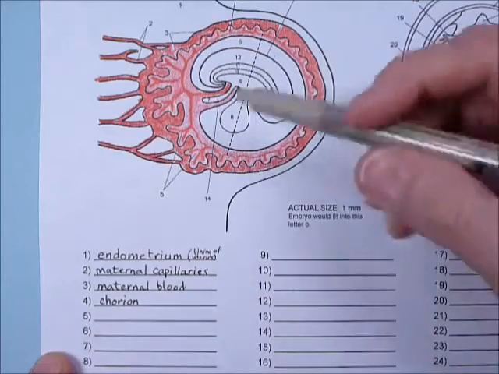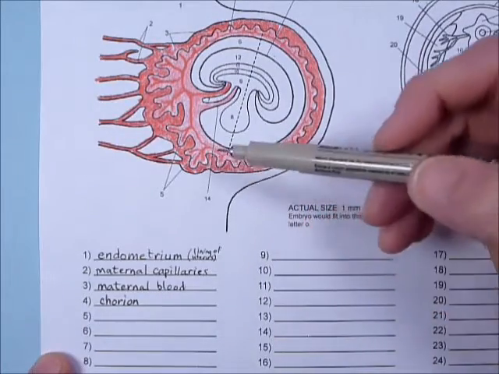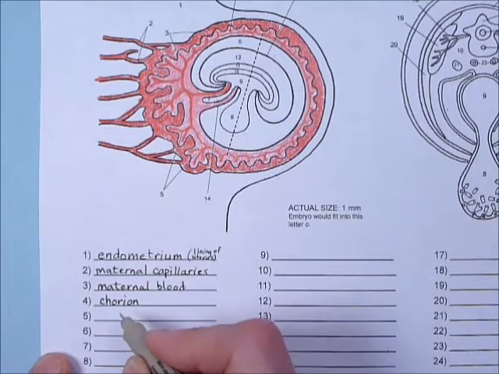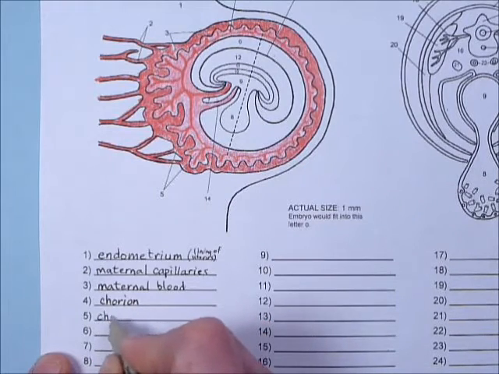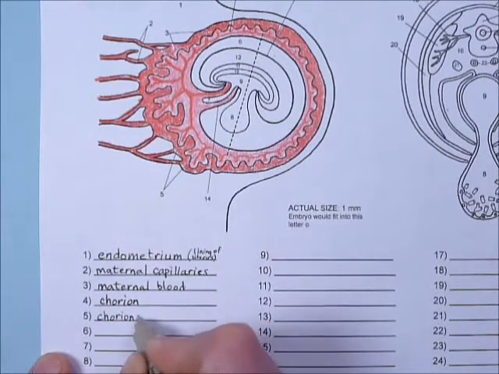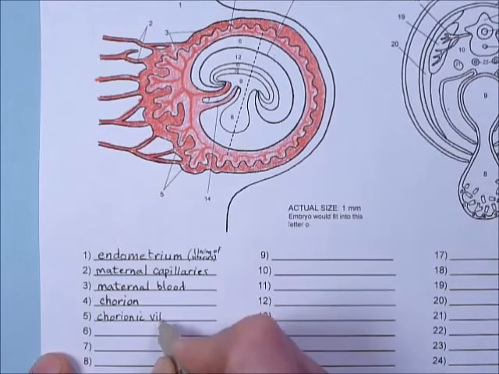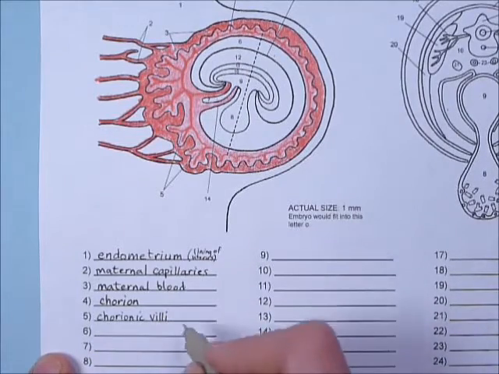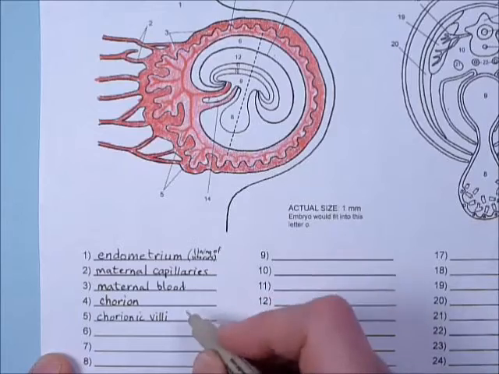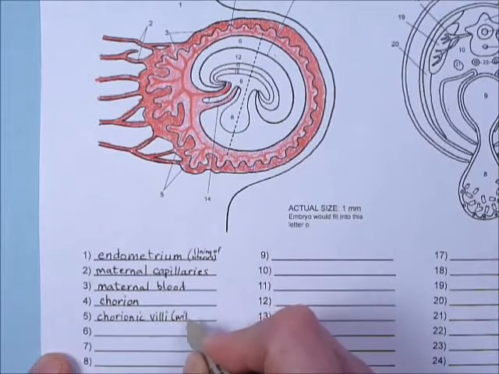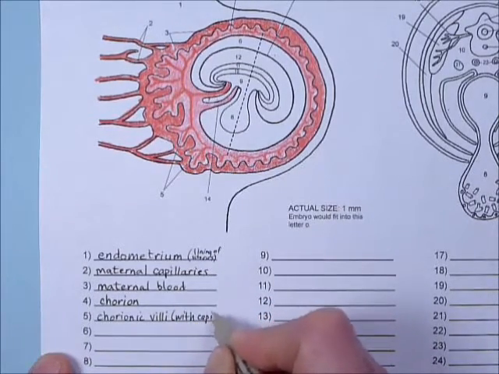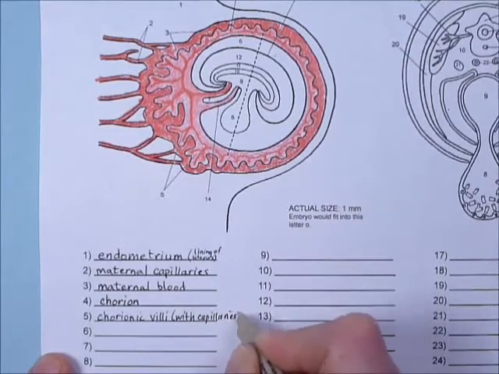So the villi are the little finger things. That's the villi. Chorionic villi, 1 villus, 2 villi, and I'm going to put in parentheses with capillaries.